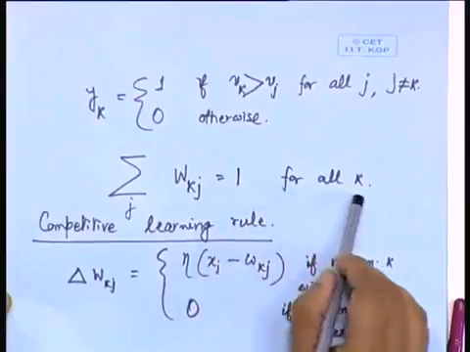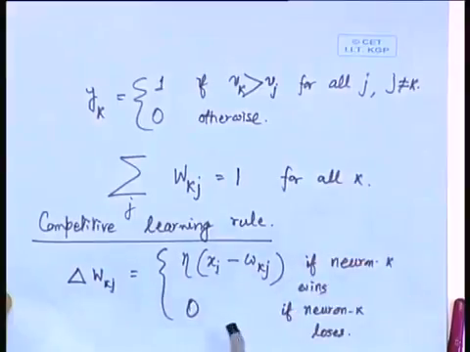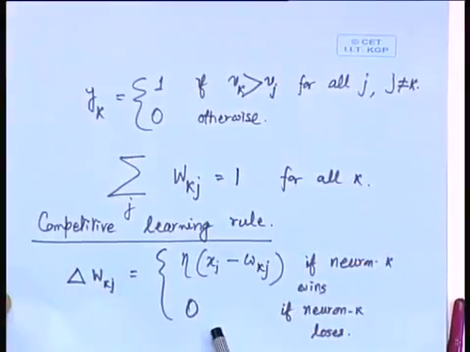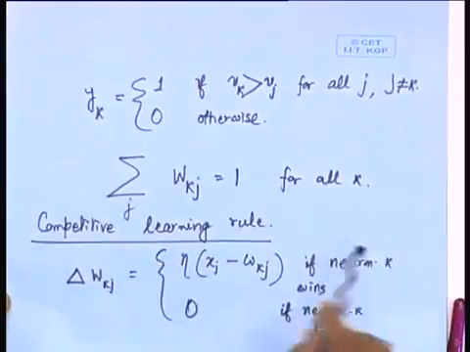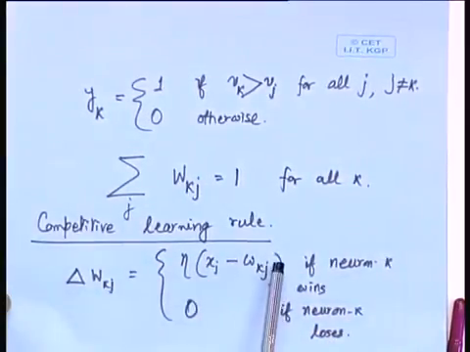Yes. All the neurons. So, I have said the summation Wkj equal to 1 for all k. How about if one of the connections is boosted? No, if one of the connections is boosted, you have to maintain this, that means to say that the connections will be such that one will be boosted, one will be weakened.